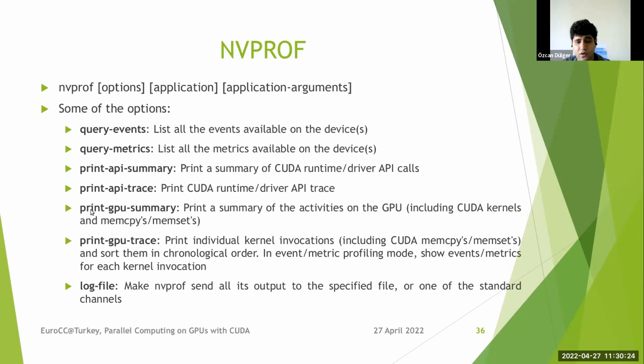It prints a summary of the activities on the GPU, including CUDA kernels and memcpy, memset APIs. Print GPU trace prints individual kernel invocations, including CUDA memcpy and memsets, and sorts them in chronological order.